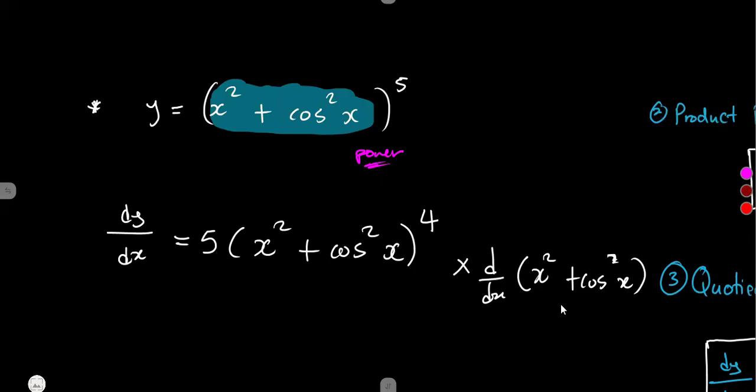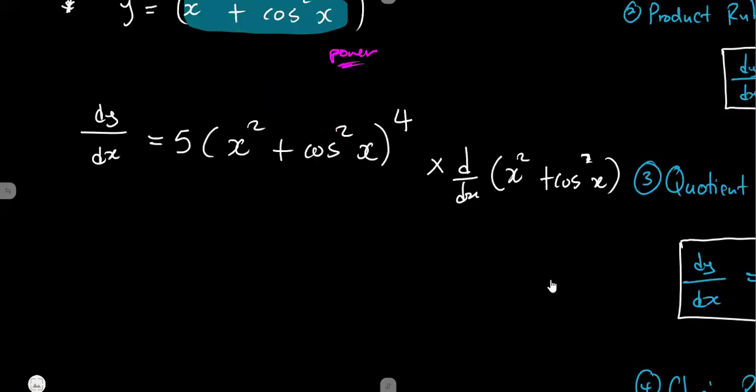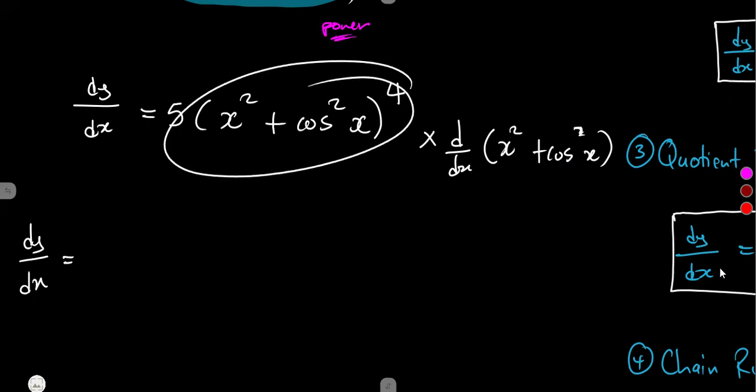So in differentiating this, we can see that we have a function on its own, another one on its own. Remember, when you're adding, you just have to differentiate these separately. So this is what you're going to have. dy dx is equal to what? This one, we've already differentiated.